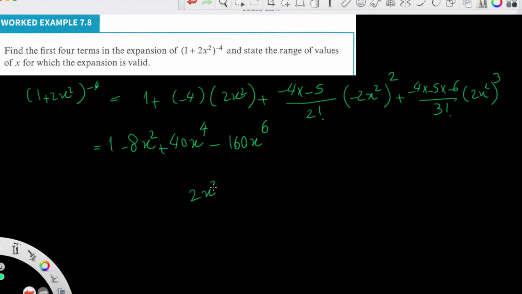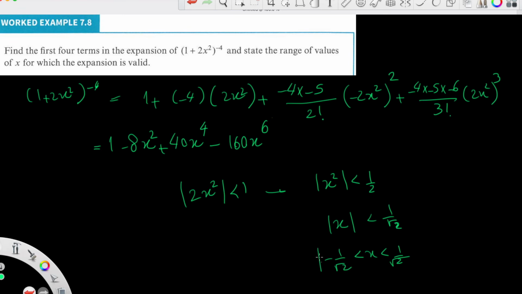So the absolute value of 2x squared should be less than 1. So x squared should be less than half, or if we take a square root, the absolute value of x is less than 1 over root 2. So x should be between 1 over root 2 and negative 1 over root 2. In this interval, this expansion will be valid.